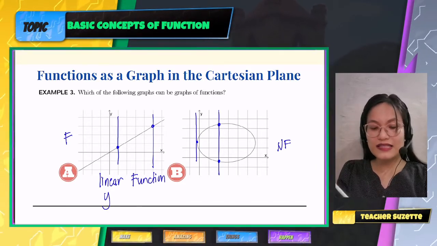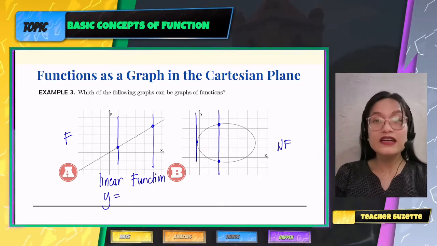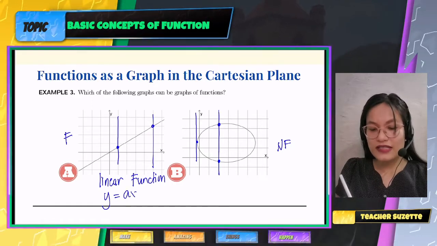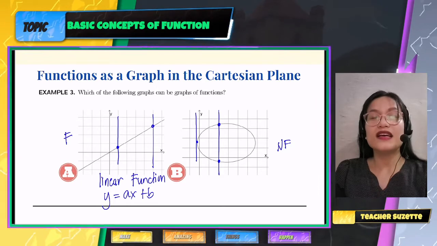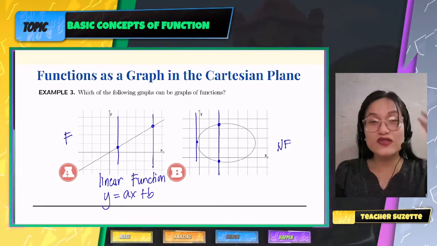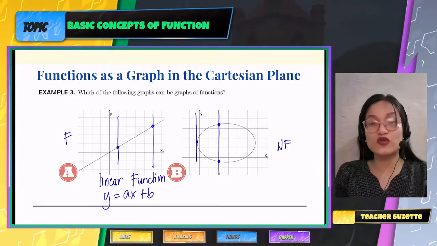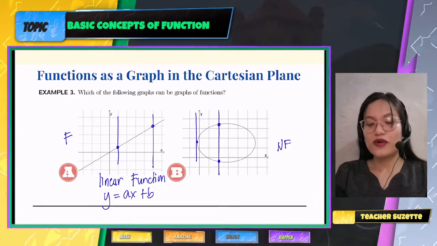So that is, ano po ba ang representation natin ng linear equation? Meron tayong ax plus b, wherein yung x natin is yung x exponent niya is 1. Then, dahil function siya, express lang po natin siya into y is equal to the linear form.